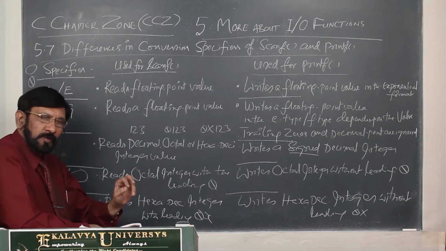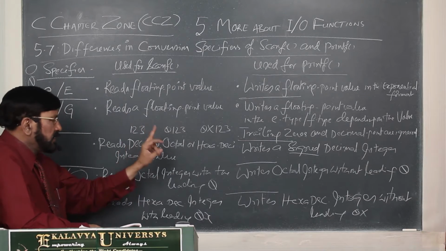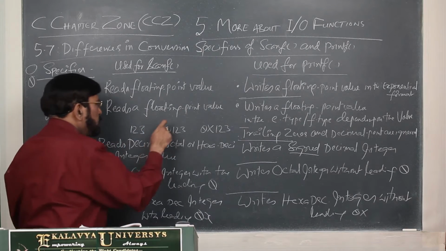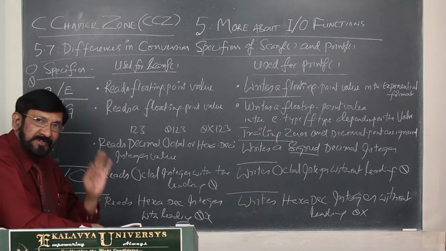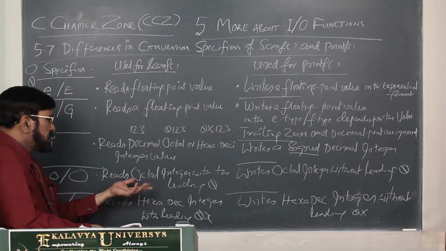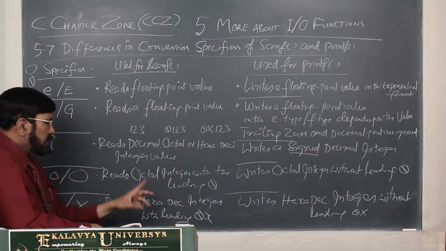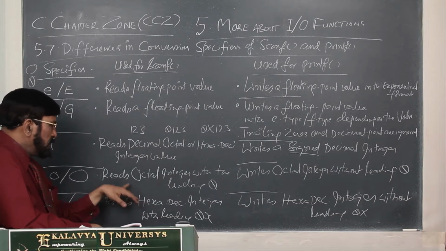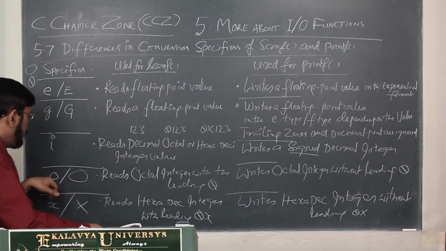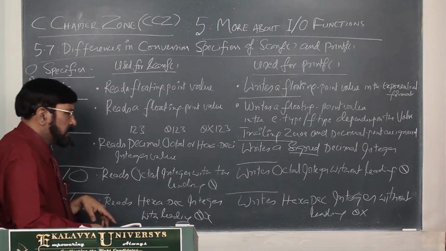If you want to notify it is an octal value, the leading 0 is essential. So, then only scanf can understand it is an octal value. So, you can read an octal value using percentage o, either lowercase or uppercase.